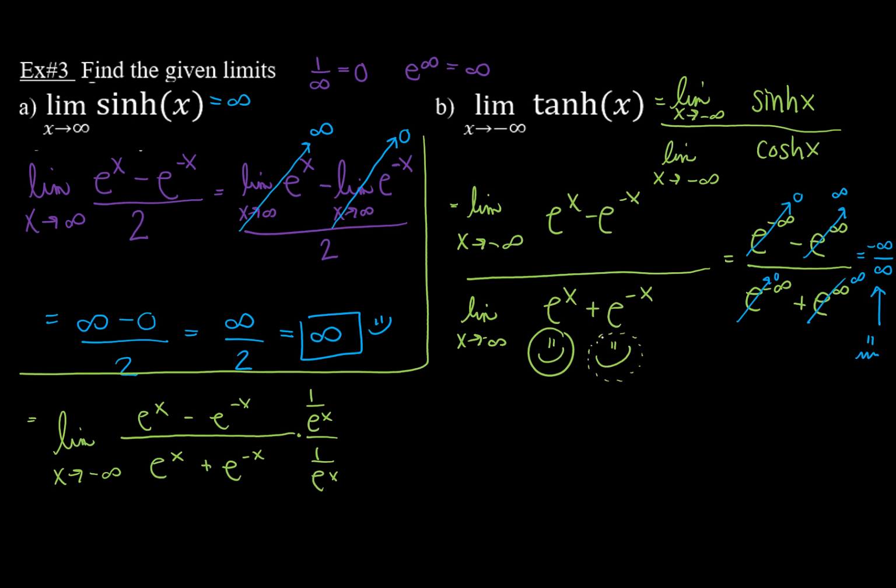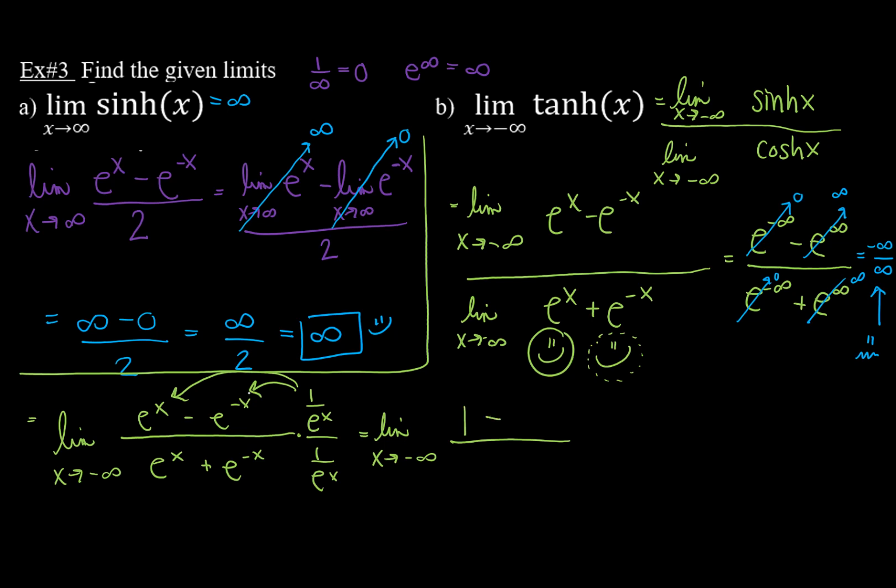So that's why I'm multiplying by 1 over e to the x. When I multiply this out, here I get e to the x over e to the x, which gives me 1, and then minus.